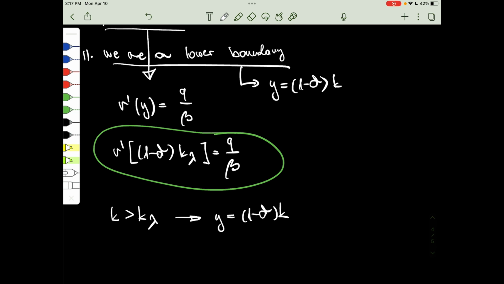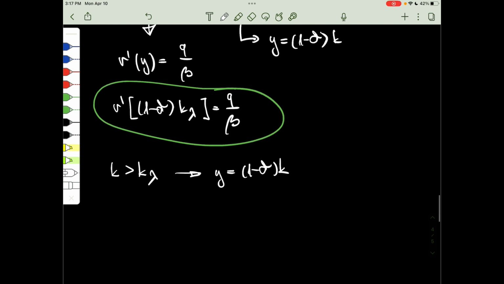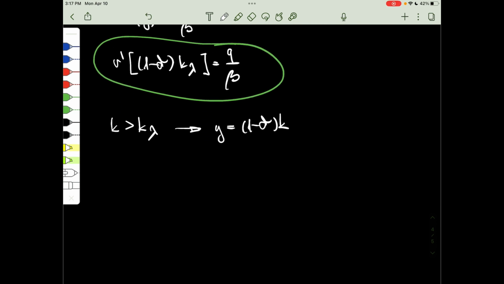If k is not higher than the threshold, then we have an interior solution, so we have nothing to do with the boundary.